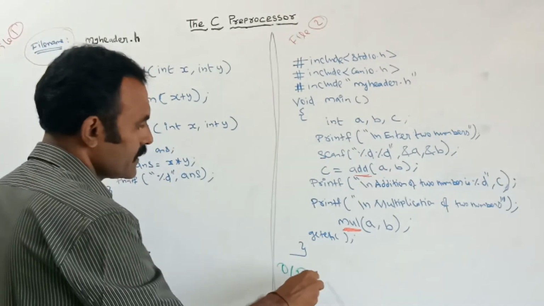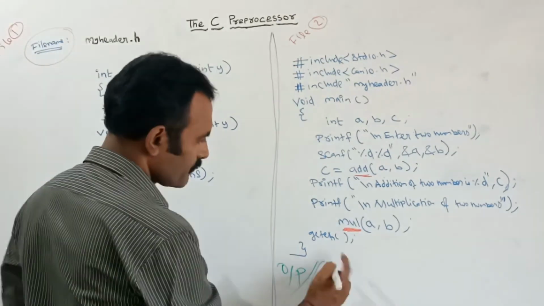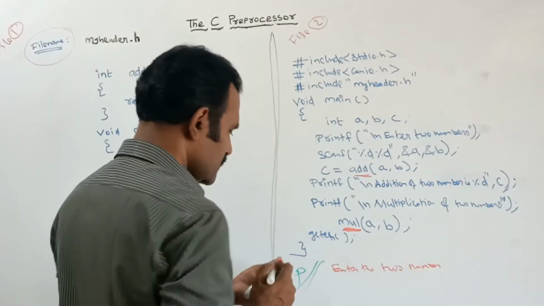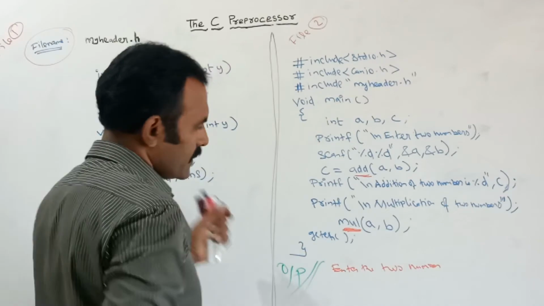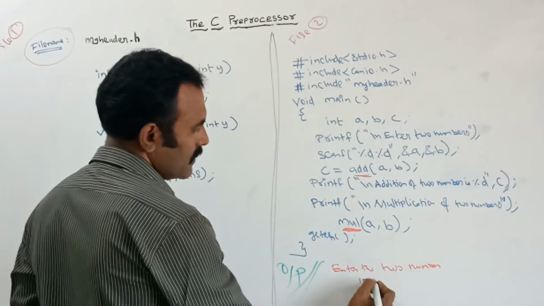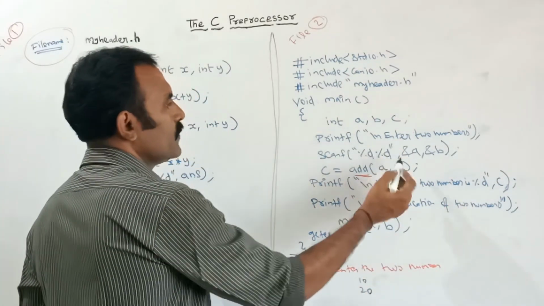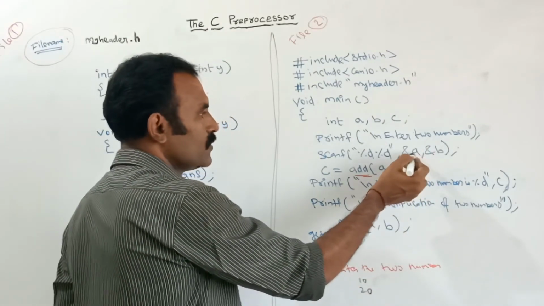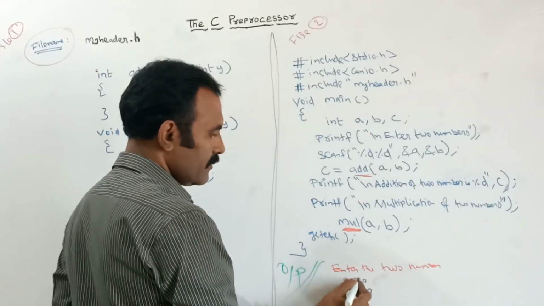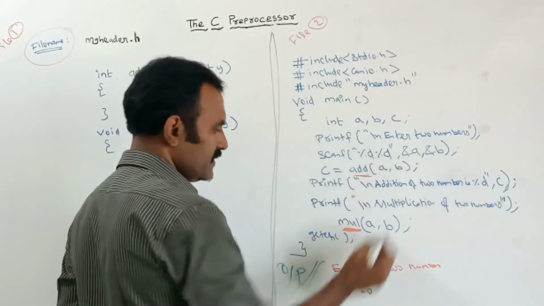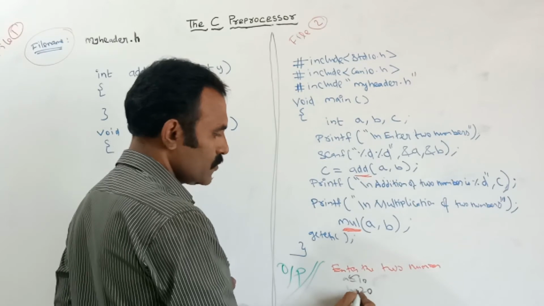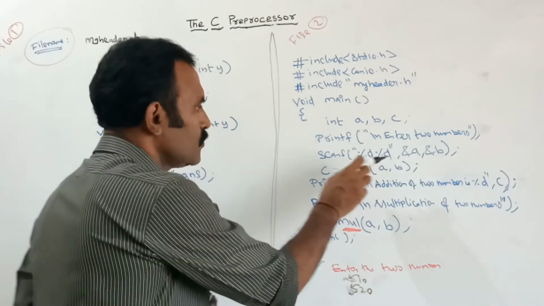Enter the numbers. Suppose you give 10, next 20. The first number you give will be stored in variable a, and the second number will be stored in b. So a is equal to 10 and b is equal to 20.